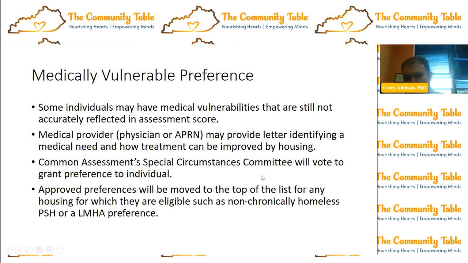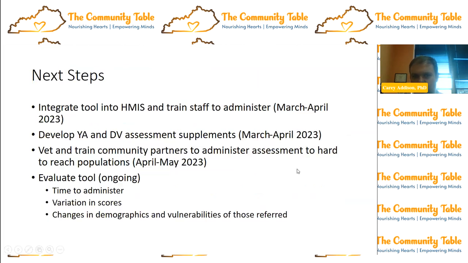So I just think it's a really important thing for us to realize and accommodate: we can build the best tool in the world and there's still going to be people that fall through the cracks of it. So having processes in place to reflect that is something that's really important to us. So that is the process we use to develop our tool and the product that we came up with.